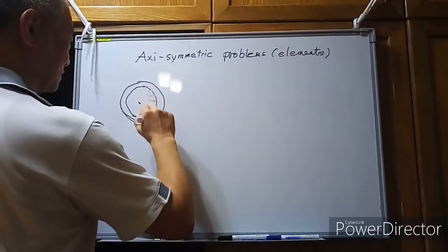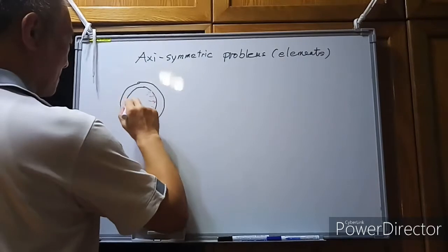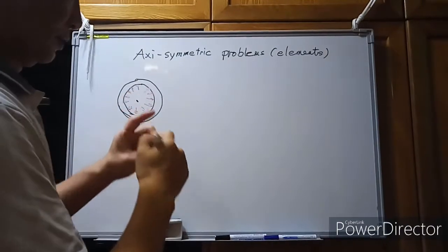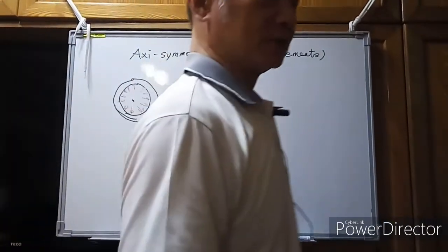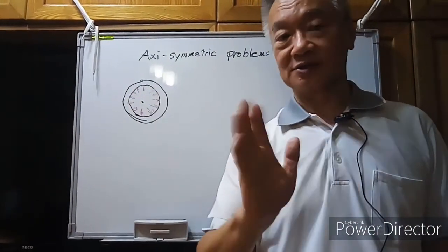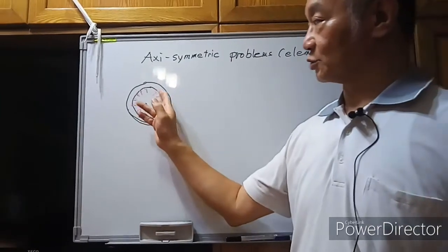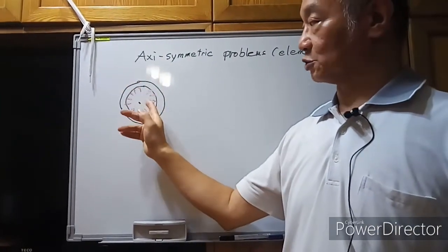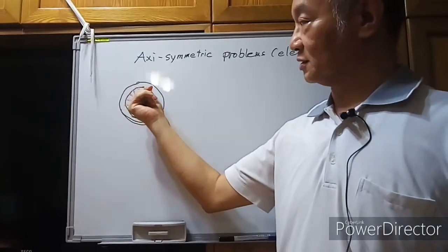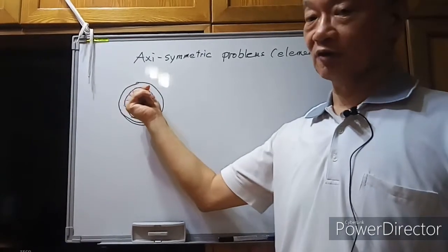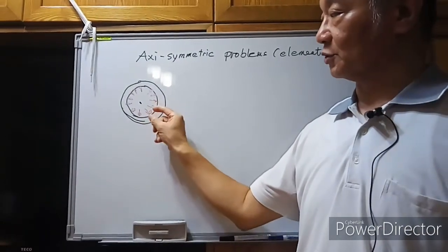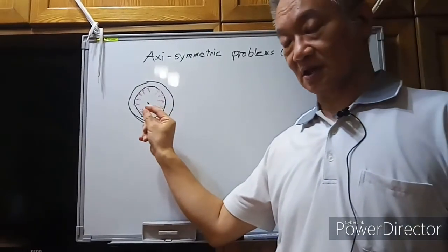That's the structure we see, and let's assume we have loadings applied from inside to the outside. For the axisymmetric structural model, the distributed loading must be the same. You cannot solve it as an axisymmetric problem if you have a larger distributed loading, for example, at the 12 o'clock direction, but a smaller distributed loading at the 6 o'clock direction.